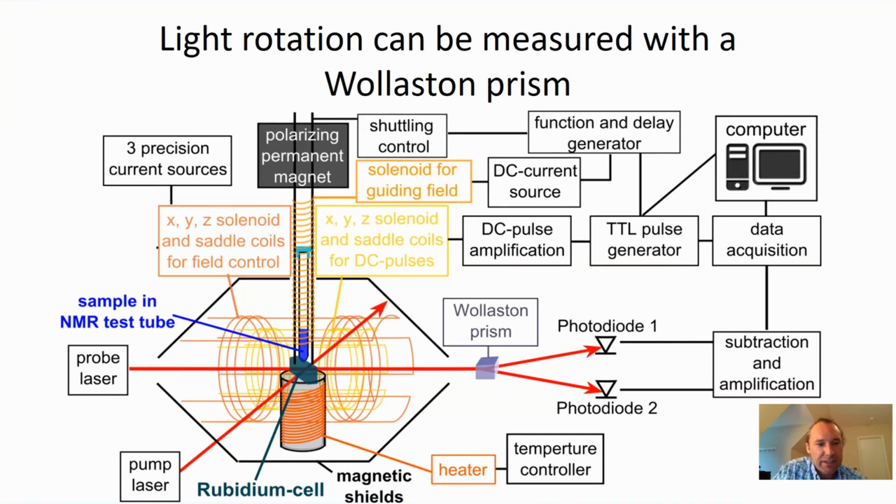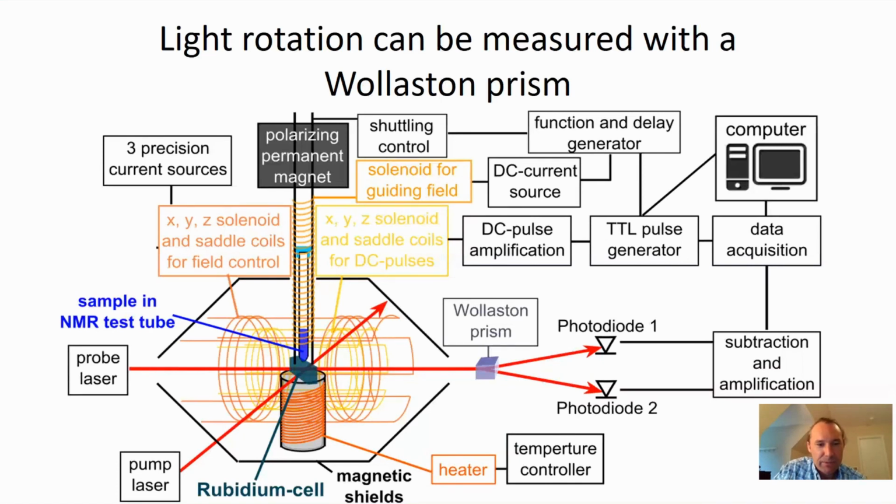However, if there is now a small magnetic field present, which rotates the spins in the rubidium vapor cell just a little bit, so you're actually generating some component of electronic polarization in the direction of propagation of the probe laser, then this probe laser will actually start rotating.